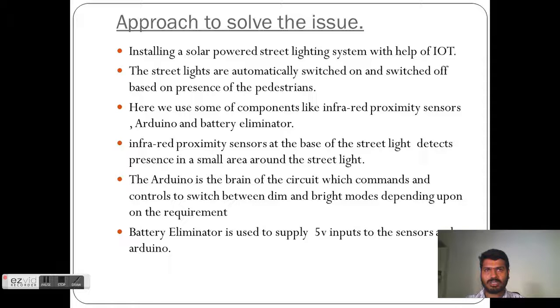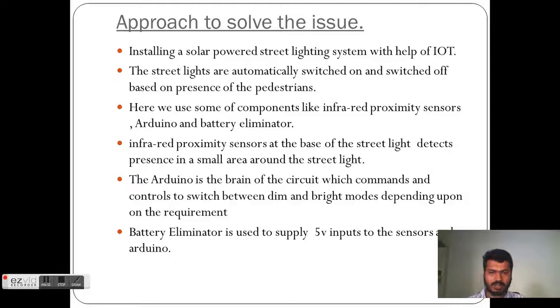When the pedestrians move near the street lamps, it gets switched on automatically and switched off automatically based on the requirement, and also based on the intake of sunlight. So infrared proximity sensors basically detect the pedestrians around it.